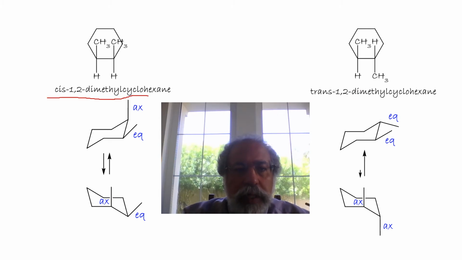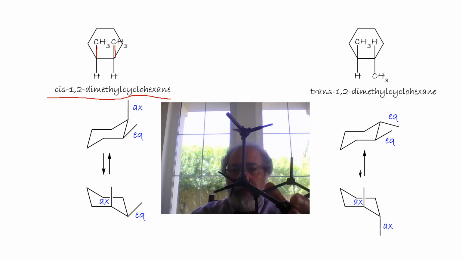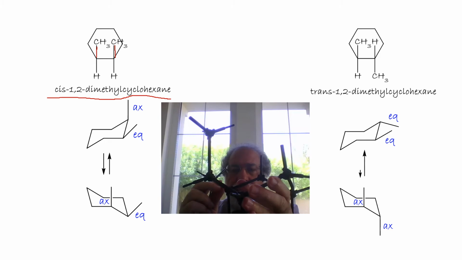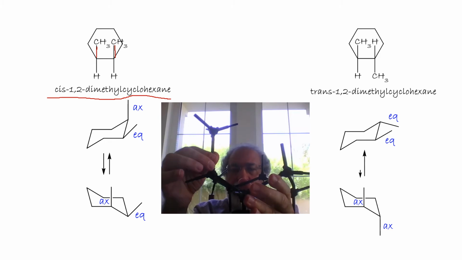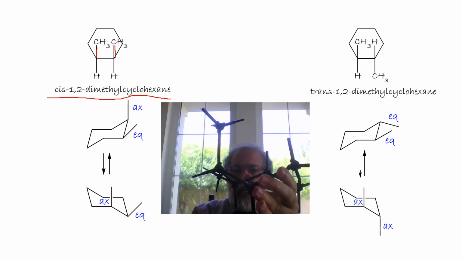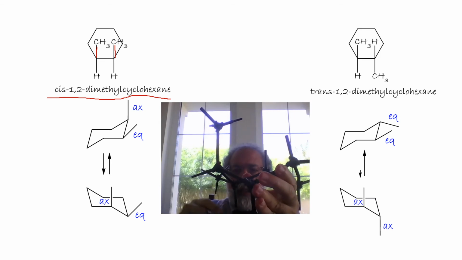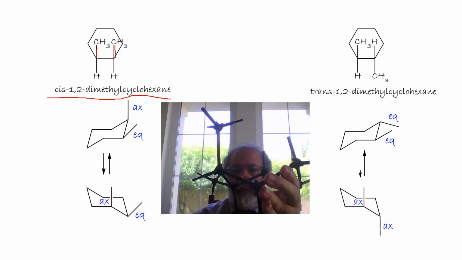Cis-1,2-dimethylcyclohexane. Cis means that the two CH3 are in the same direction. Look at the model. CH3 and CH3 are in the same direction, up. One is axial, one equatorial.